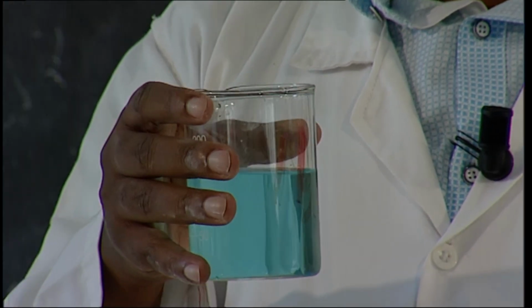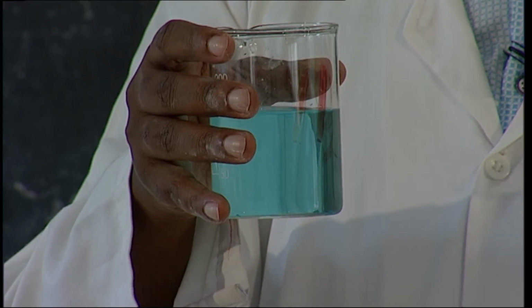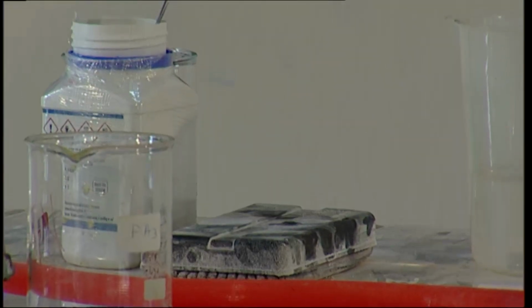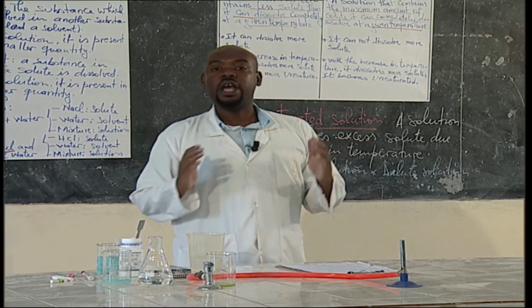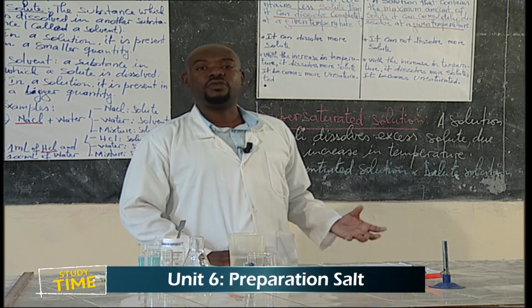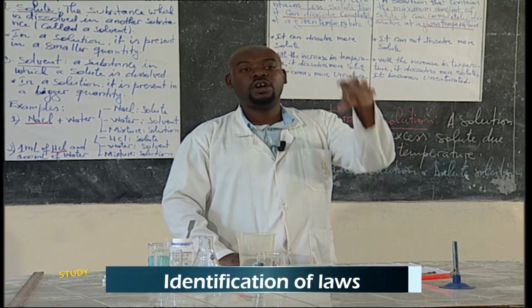But a concentrated solution has a big amount of solute in the same volume. So you can prepare a dilute solution from a concentrated solution if you increase the volume of the solvent while you don't increase the amount of solute.